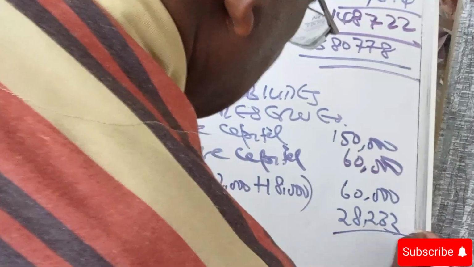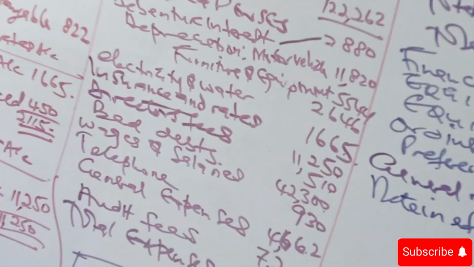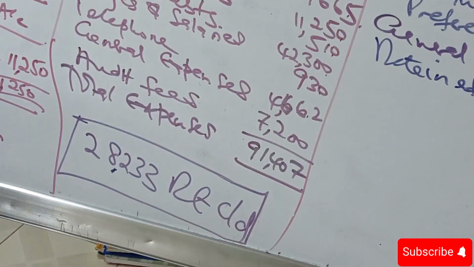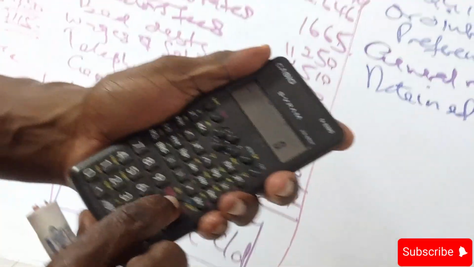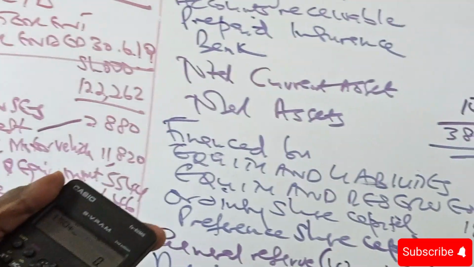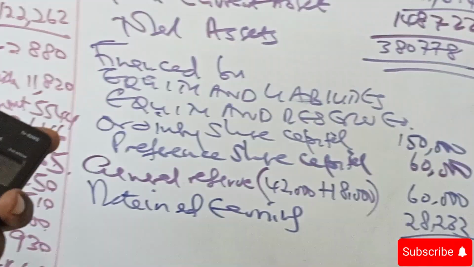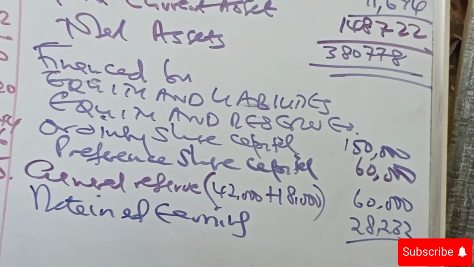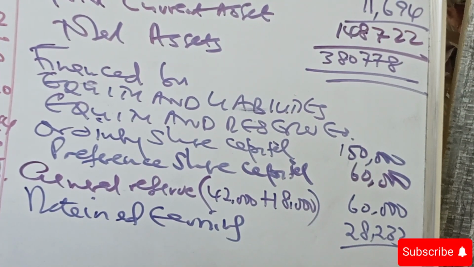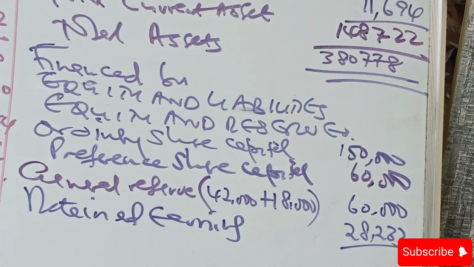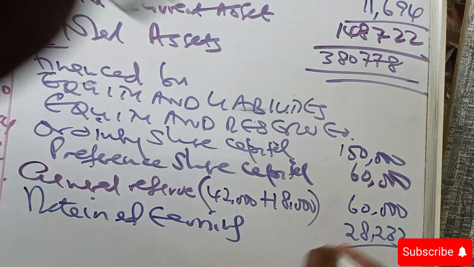That becomes our total shareholders' funds. 150,000 plus 60,000 plus 60,000 plus 28,233, giving us a figure of 298,233.